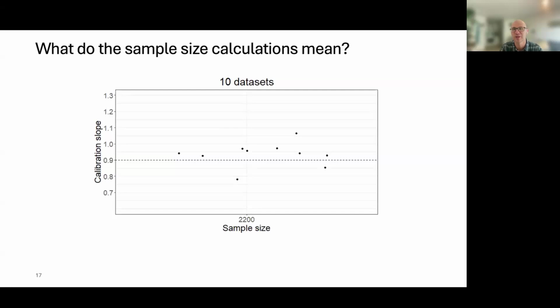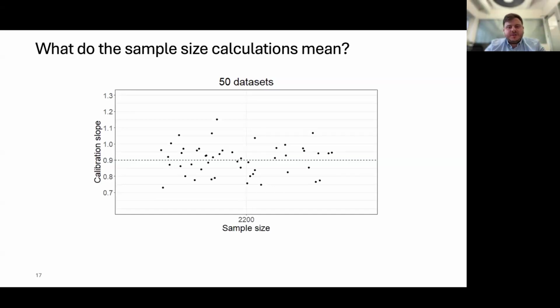The 10 dots here are 10 calibration slopes estimated from developing the model in 10 samples from the population. Say one point is Alex's study, the other is mine, then the other is Max's, etc. If you do it many times, the average would be around 0.9. But if you look at your individual data set, you are not guaranteed that even if you have done everything according to the book, you will get a calibration slope of 0.9 when you validate your model.